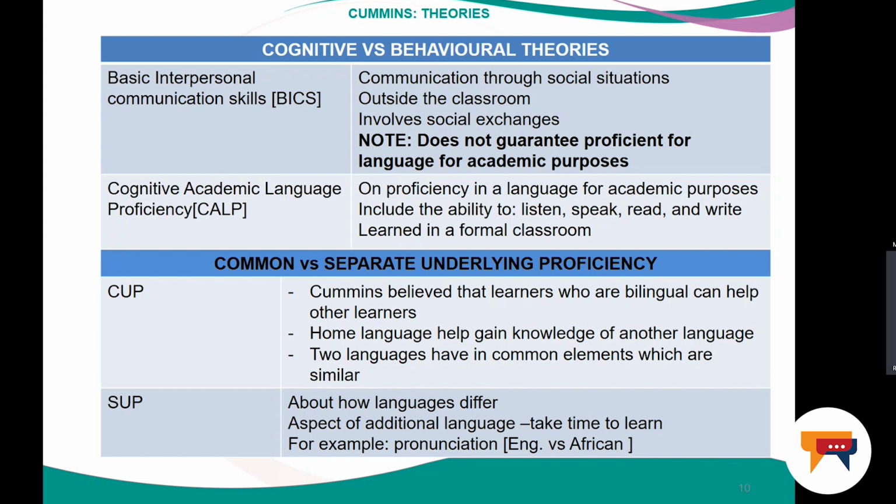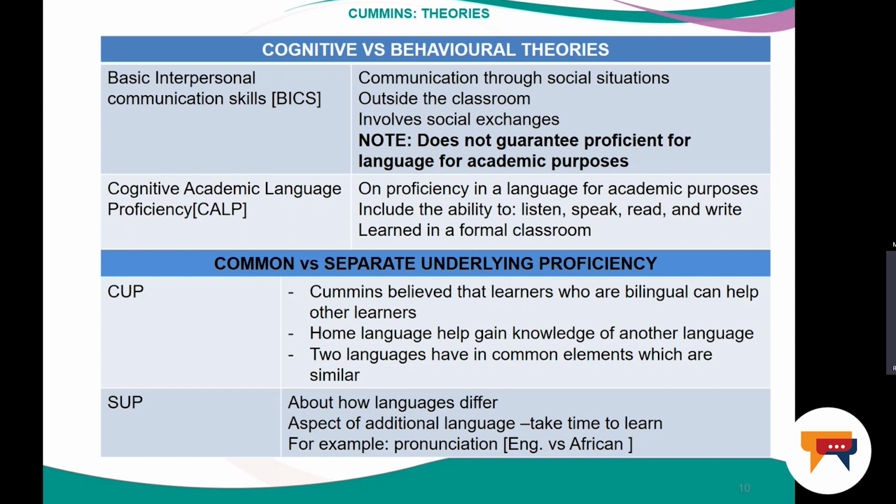But when you look at BICS, it does not guarantee proficiency in the language, but language is learned through social situations at home. I can learn Zulu even if I'm not Zulu speaking because of the social connections that I have, the neighbors or at home. But that doesn't guarantee proficiency of the language for academic purposes.